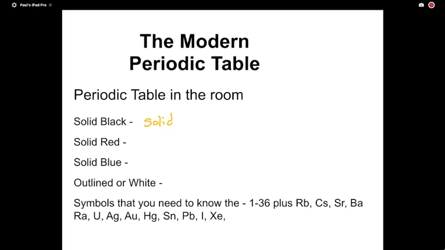It's a gas. Okay. If the element is blue, do you know what that is? It's a liquid. Do we have a lot of liquids? No, we don't have a lot of liquids on the periodic table.